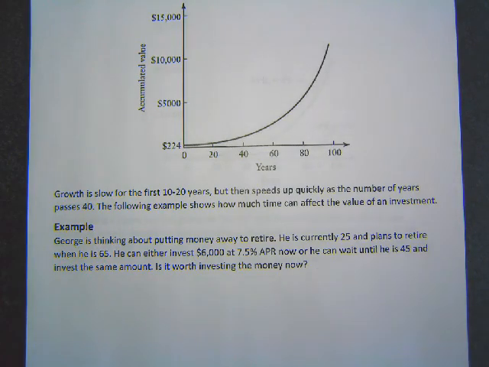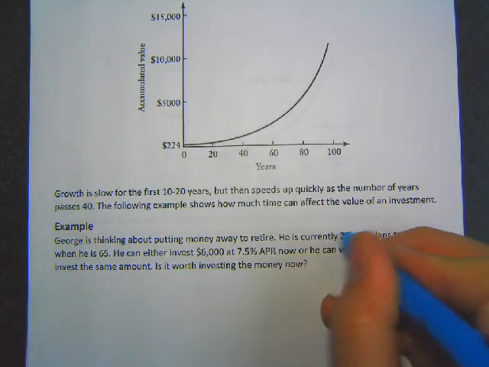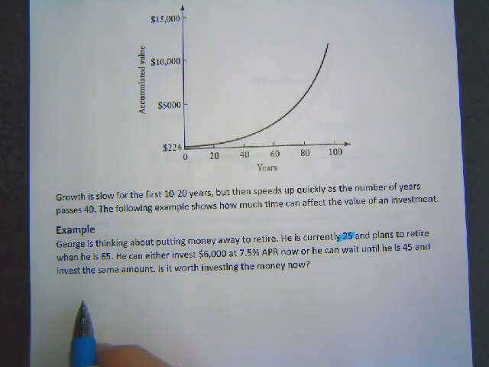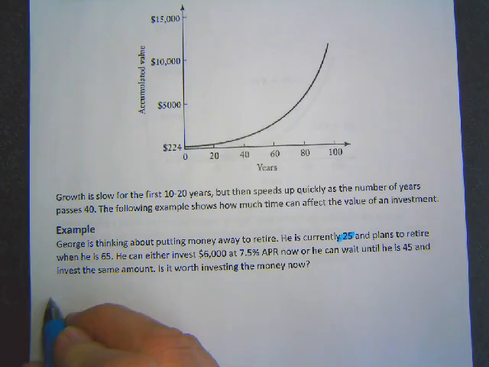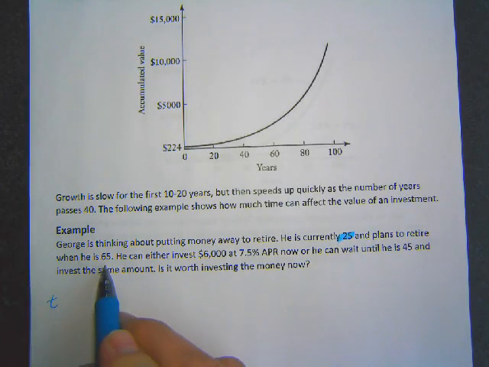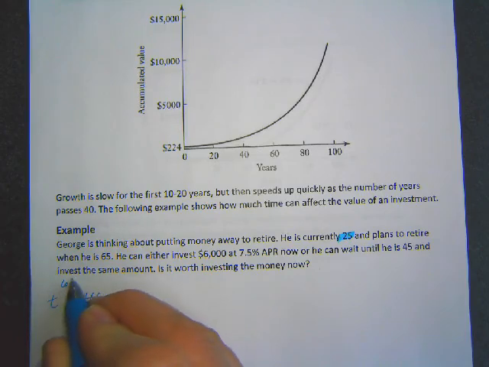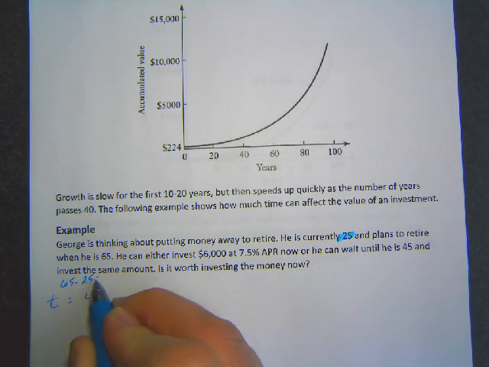So first off, let's look at 25-year-old George. If he invests at 25, and he's waiting until he's 65 to retire, his time is going to be 40 years. We just do 65 minus 25, and we get 40 years.